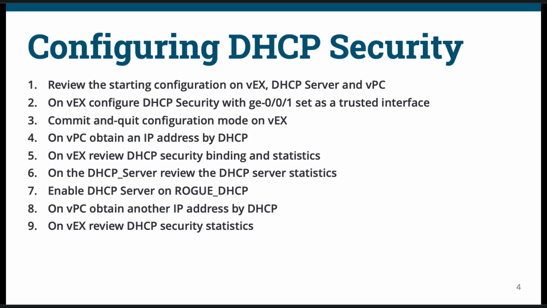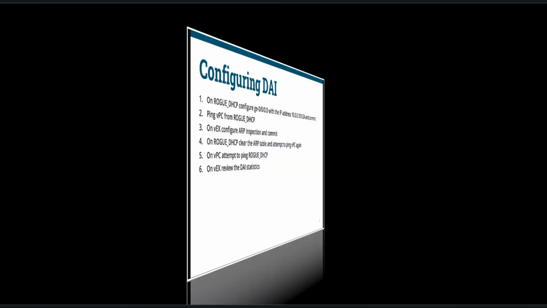Once configured, we'll use the virtual PC to attempt to obtain an IP address by DHCP and review the effects on the DHCP security database on the EX switch. Then, we'll configure the rogue DHCP server and try obtaining an IP address again and see what DHCP security shows when we see the untrusted DHCP offers coming from the rogue DHCP server.